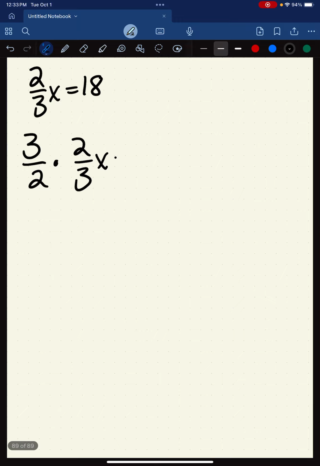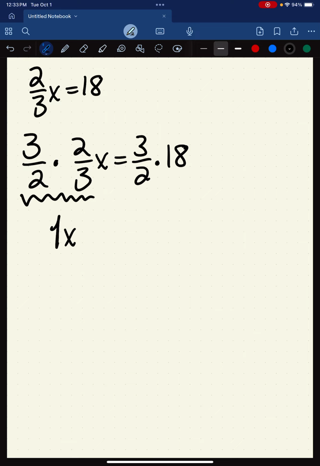Let's do another problem. We're going to do 2/3 x is equal to 18. This one's easy. If we multiply both sides by the reciprocal, which is 3/2, using the multiplication property of equalities, anything multiplied by its reciprocal is going to resolve to the identity.